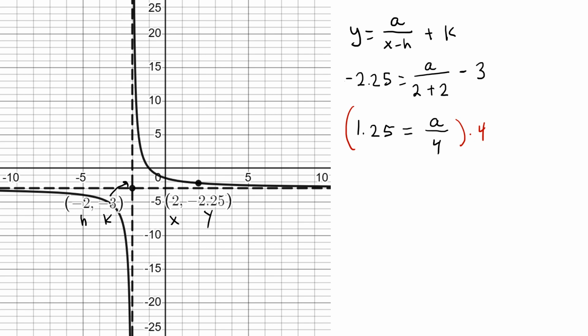So we get 1.25 times 4 gives me 5. And that gives me a, so a is 5. And so my equation would be y equals 5 over (x plus 2) with the minus 3 out back.